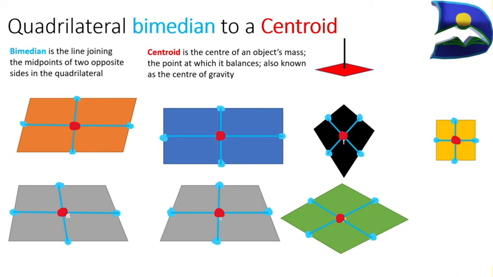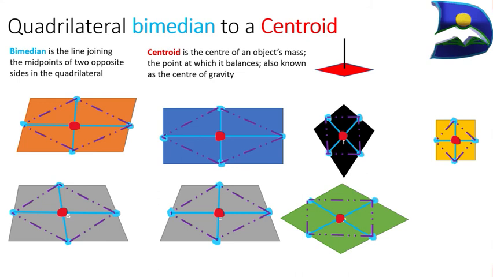So the region where the shape balances properly is called the center of gravity of that shape. That is the red dot that we see on each of these six quadrilaterals right here. And the purple lines that surround the adjacent midpoints or medians are called the midsegments that we talked about on our previous slide.